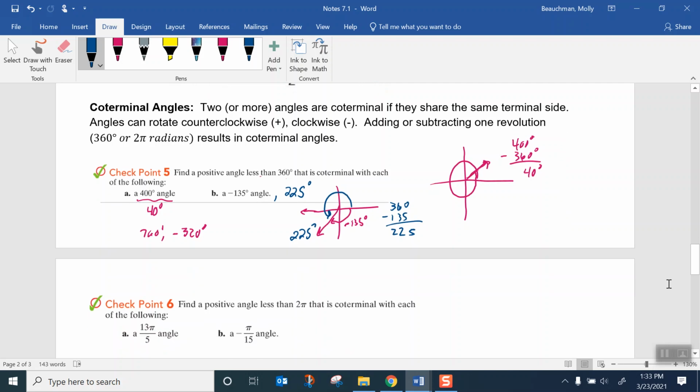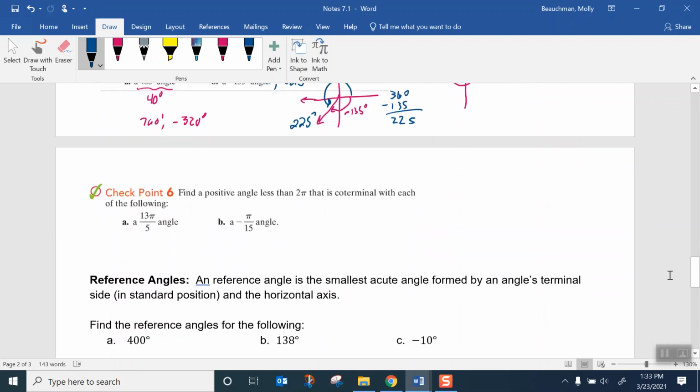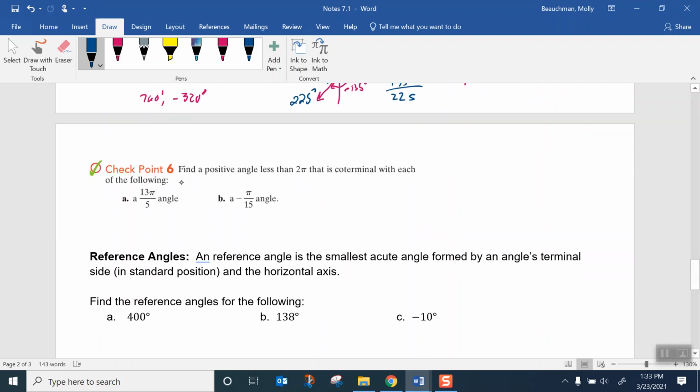So you can also have your angles in radians. So if we want to find a positive angle less than 2 pi that's coterminal, A, 13 pi over 5 is greater than 2 pi. We're going to subtract 2 pi, 13 pi over 5 minus 2 pi, but we need a common denominator. 2 pi over 1 is equal to 10 pi over 5.